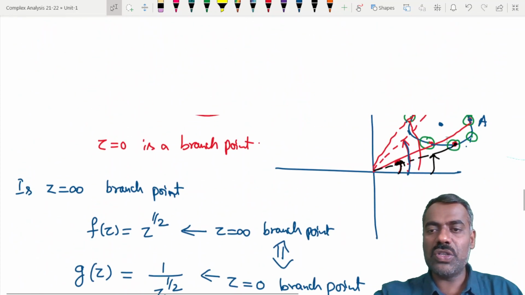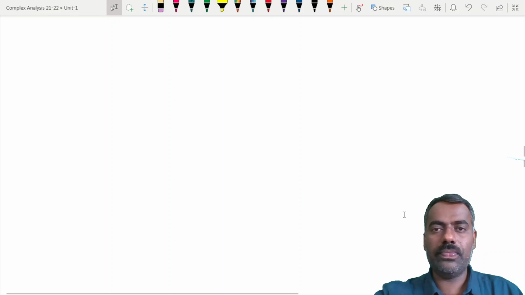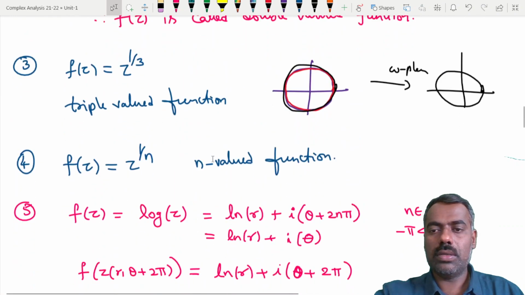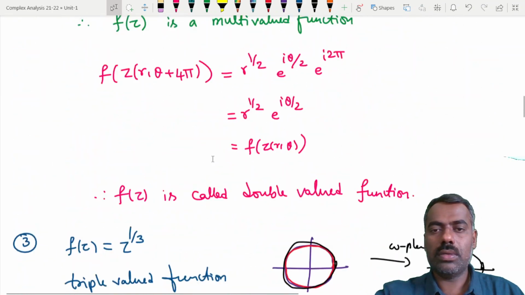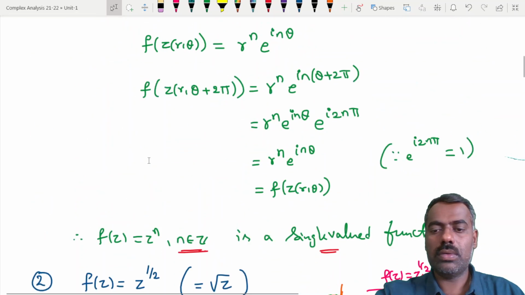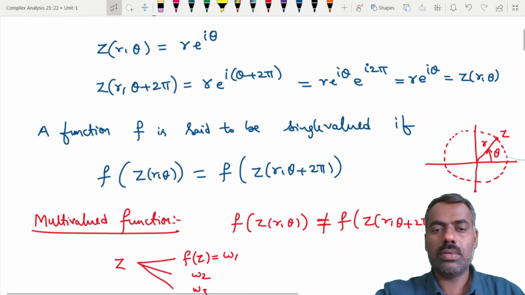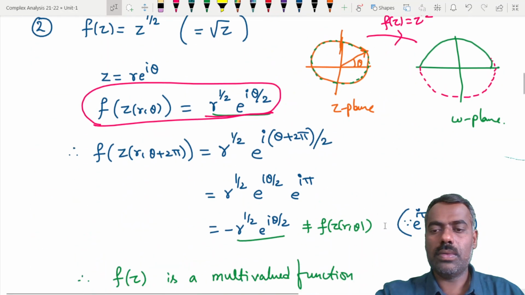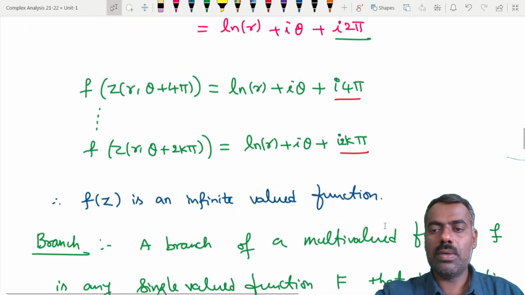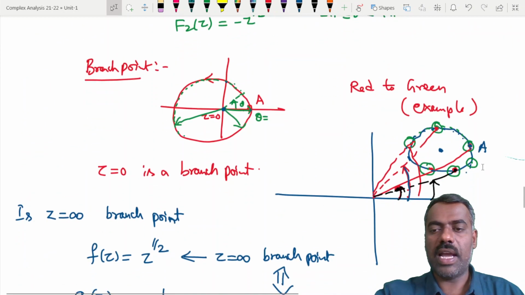For example, z is equal to 1, you can understand again from this. Okay, what happened? Just like this.